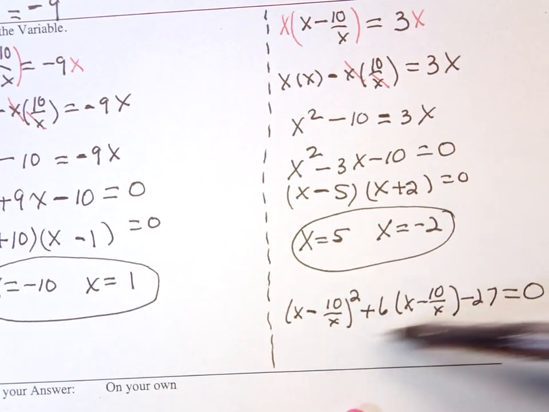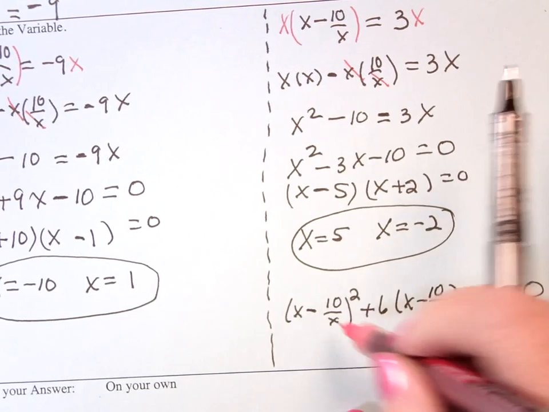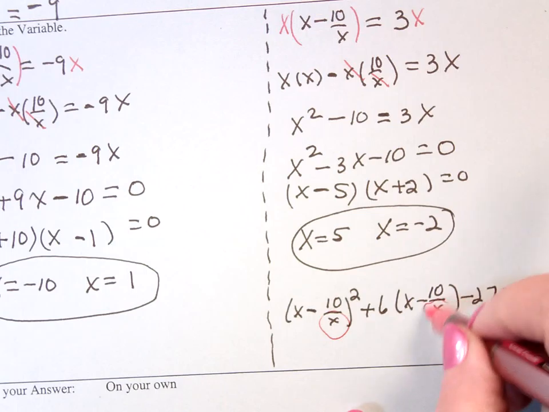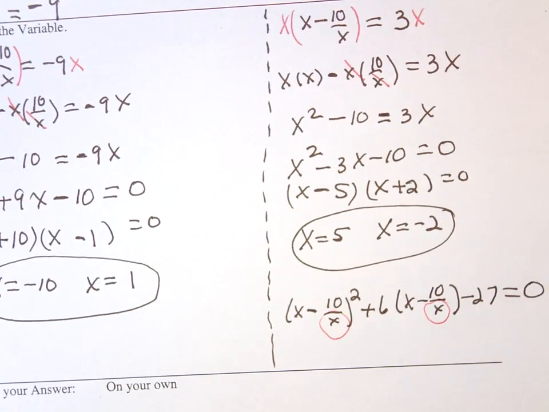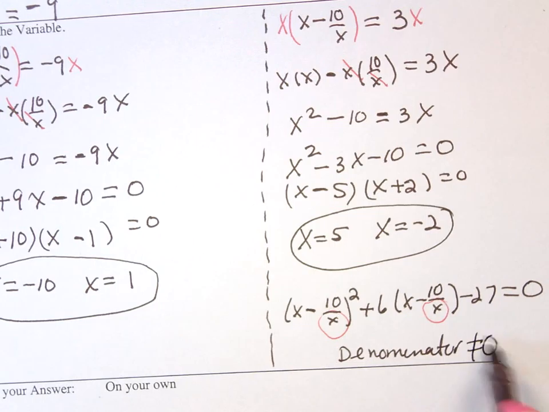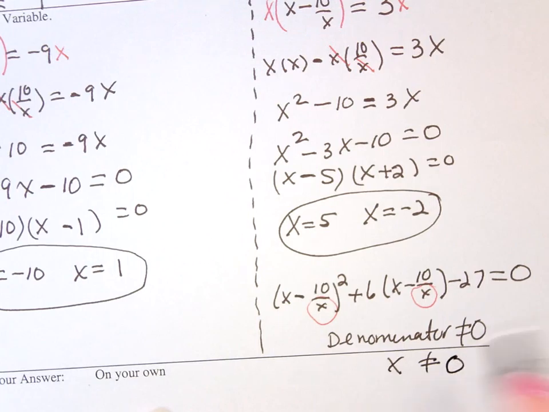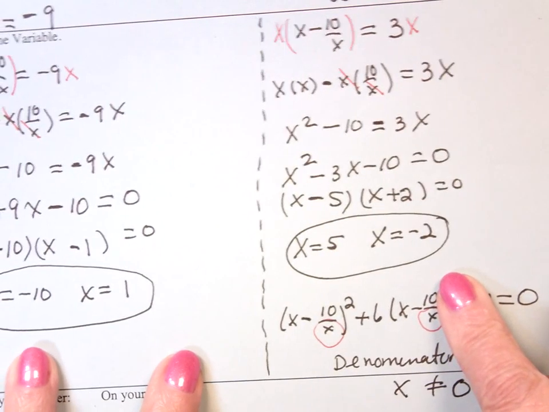But what do I see I have? What is this thing called? A denominator. And what do I know about denominators? The denominator can't be 0, which means that x can't be 0. Do I have 0 for any of my values? No.